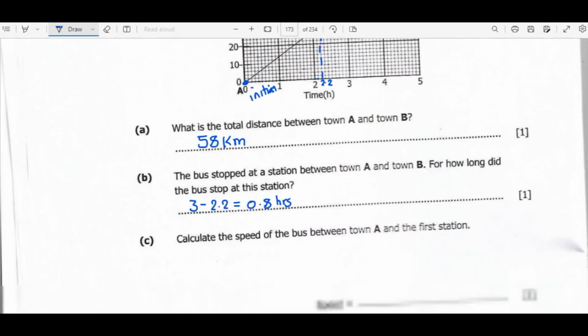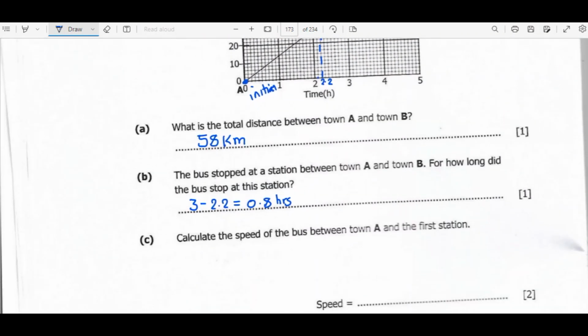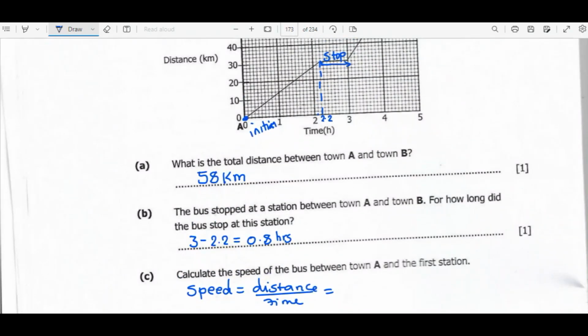Then go for question C. Calculate the speed of the bus between town A and the first station. So speed is equal to distance divided by time. Then let's focus on the first journey. So this is our first journey here. What is our distance covered?